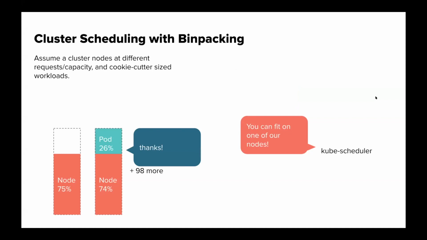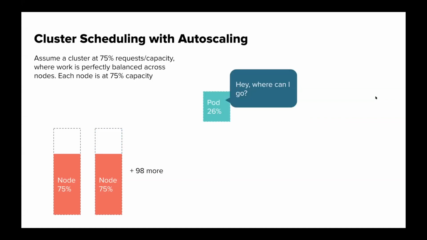But by conforming the workloads to different sizes, we can schedule them in cases where we would not have been able to otherwise. So that's a really neat idea. And then with autoscaling, we assume every pod is at 75% capacity, and let me figure out how to explain this. So that's bin packing, and bin packing doesn't require autoscaling.